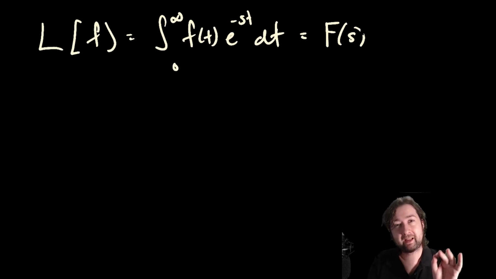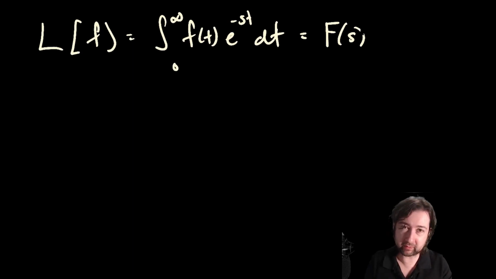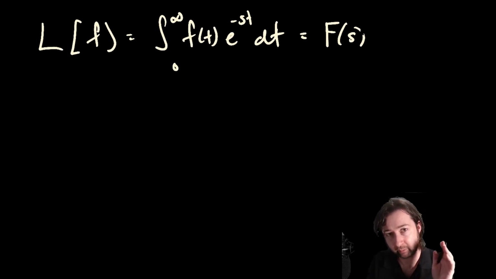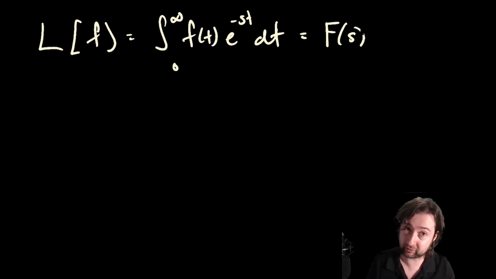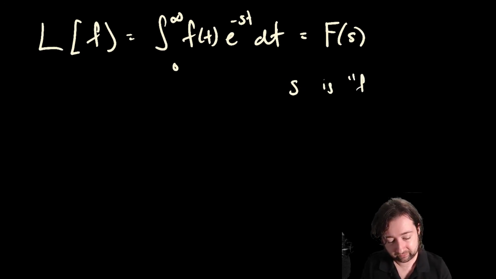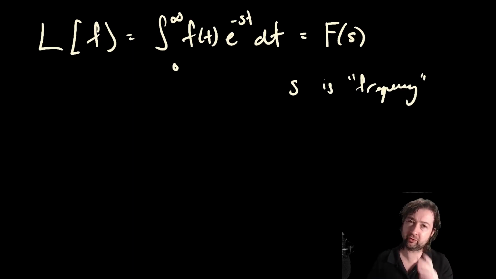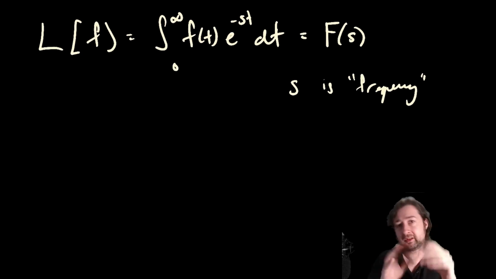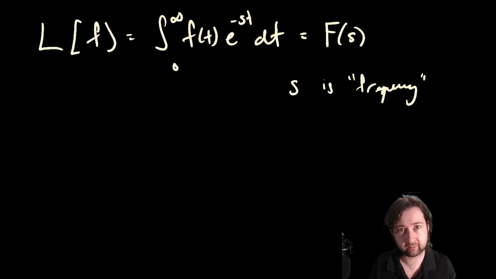But s doesn't quite map to frequency directly in the way that it does in the Fourier transform case. But it gets referred to as either the Laplace domain or the frequency domain, even though s isn't really a frequency in the way we thought of before. So it's still okay to think of s as frequency. Because whatever we're doing here, we're leaving the time domain and entering some other domain, the Laplace variable.